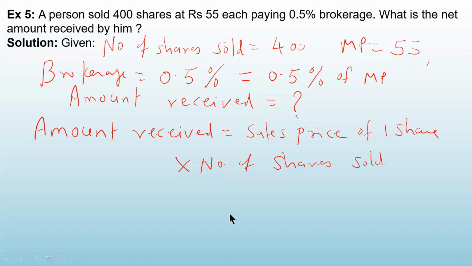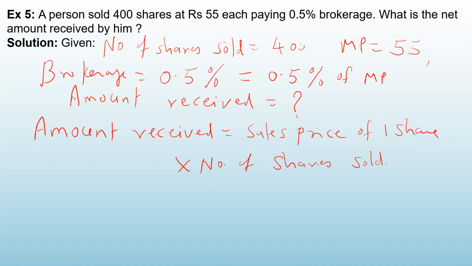Okay. So to find out the amount received, you need to know what is the selling price of one share and what is the number of shares sold. Number of shares sold is already given to you. It is 400. So now you have to find out selling price of one share. You know what is the selling price of one share?